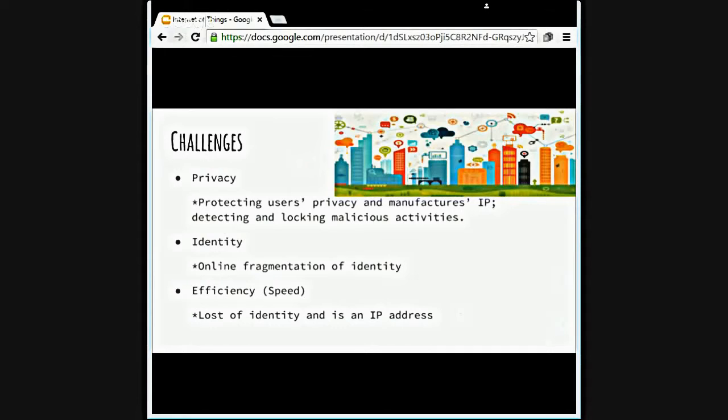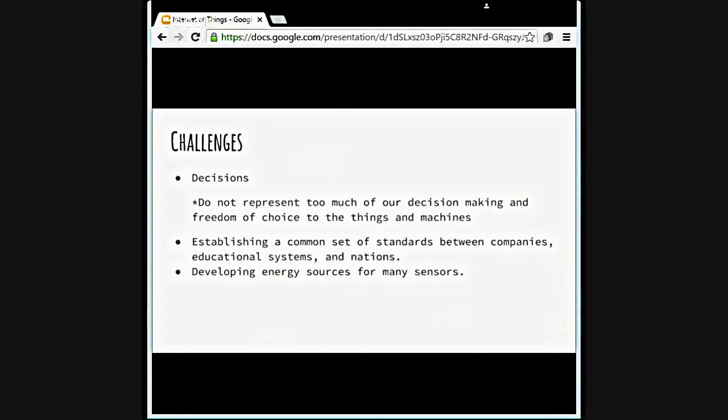And efficiency, so loss of identity and is an IP address. And also decisions. We should not give too much of our decision making and freedom of choice to the things and machines. So, we're still able to decide on things.